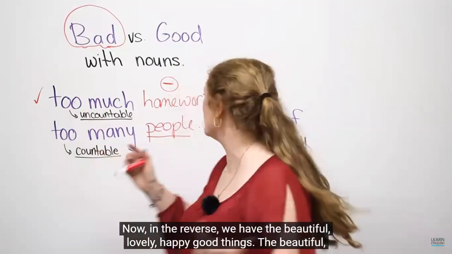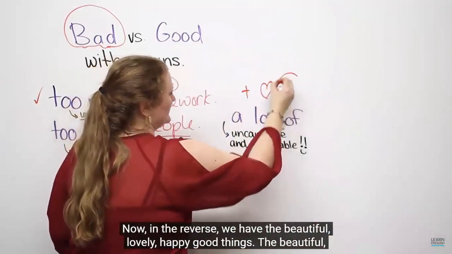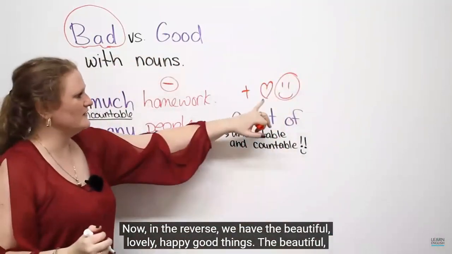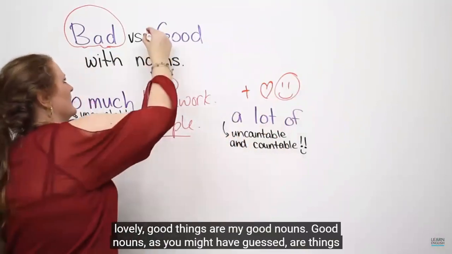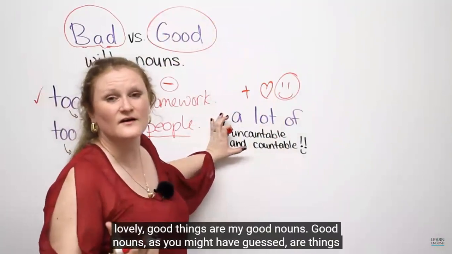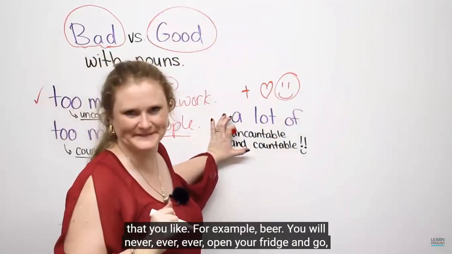Now on the reverse, we have the beautiful, lovely, happy, good things. The beautiful, lovely, good things are my good nouns. Good nouns, as you might have guessed, are things that you like. For example, beer.